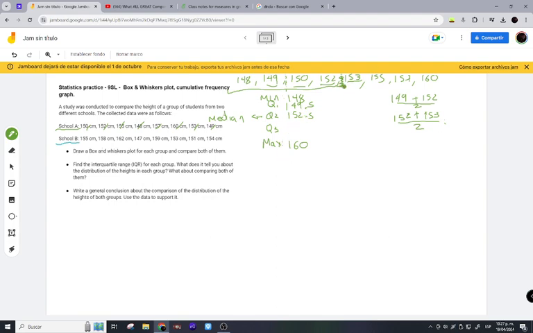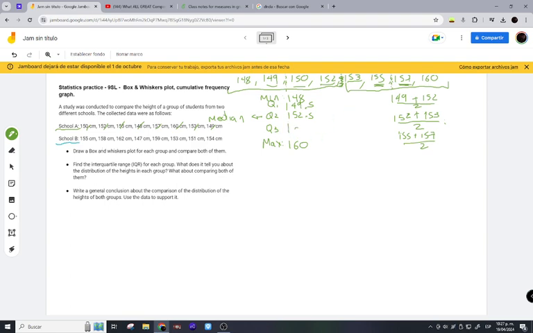And for quartile 3, same story. We know that these two values are going to determine the median. So 155 plus 157 divided by 2, and in this case it's exactly 156.